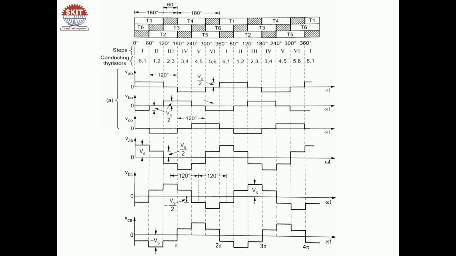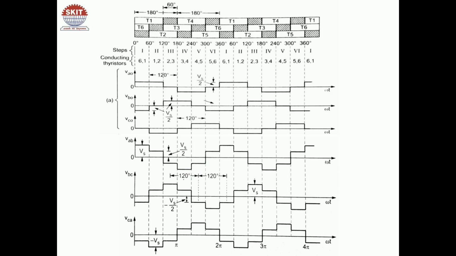From 180 degree to 240 degree, it will be minus Vs by 2 minus Vs by 2, that is minus Vs. So plot it here. From 240 to 300 degree, line voltage VAB is minus Vs by 2 minus 0, so that will be minus Vs by 2. So this is plotted here.